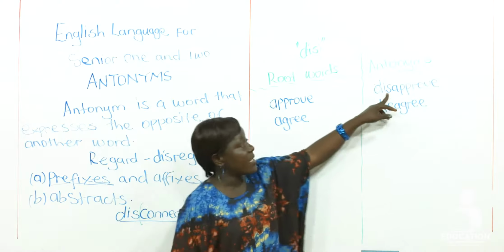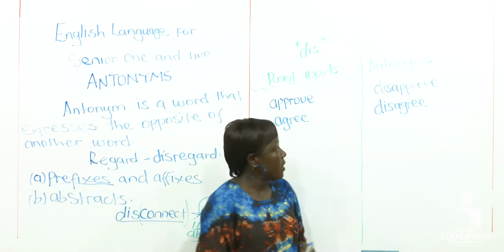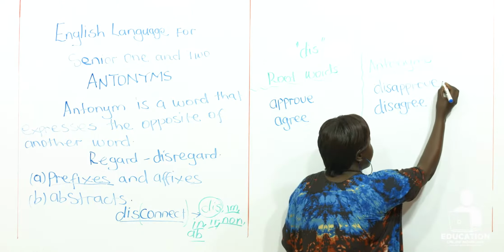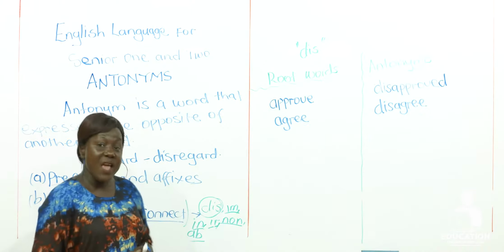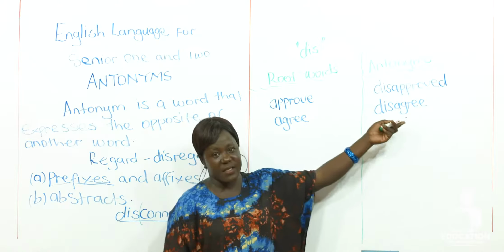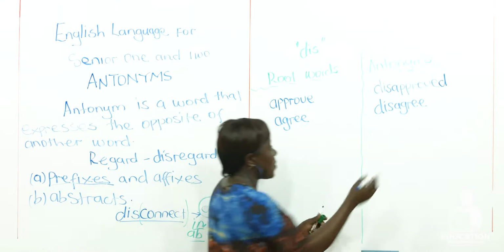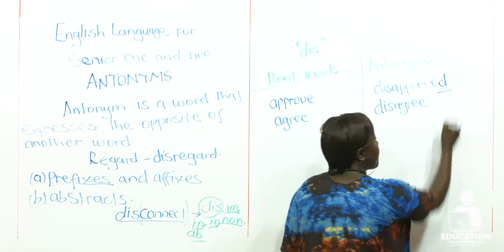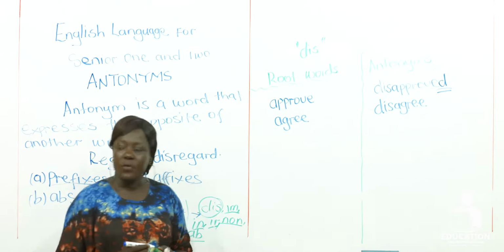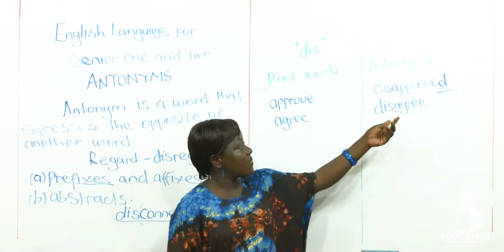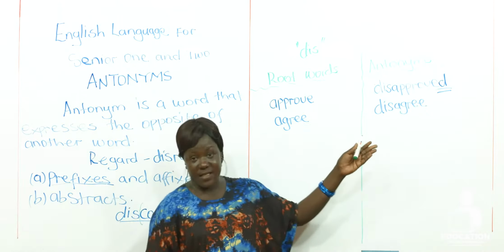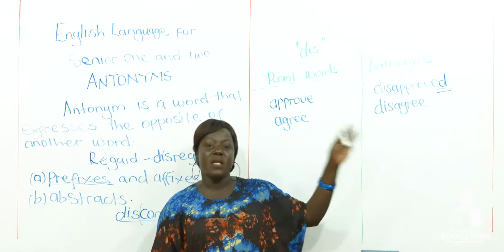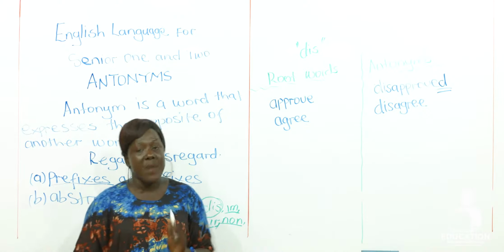Don't come here and say disapproved. You would have not got it right. If it is for examination purposes, the teacher will just double underline it and condemn you. When the teacher condemns you in English, that means it is loss of marks.